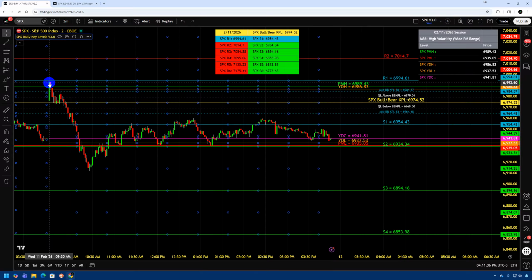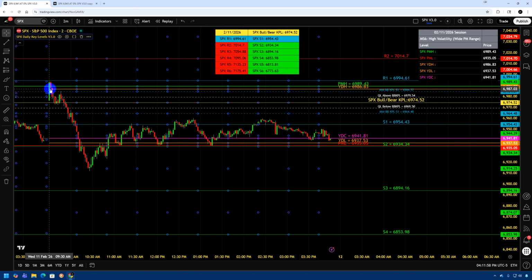So the closer this candle closes while still being above the BBKPL, the less risk there's going to be technically, as far as points between the stop losses that you would use and the reward.